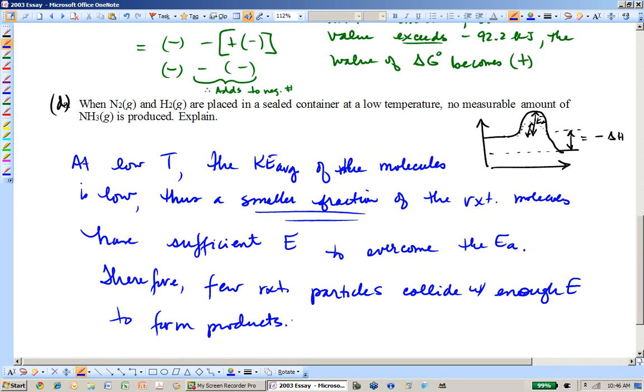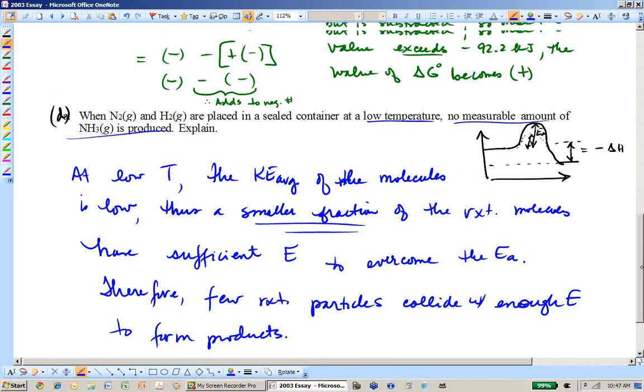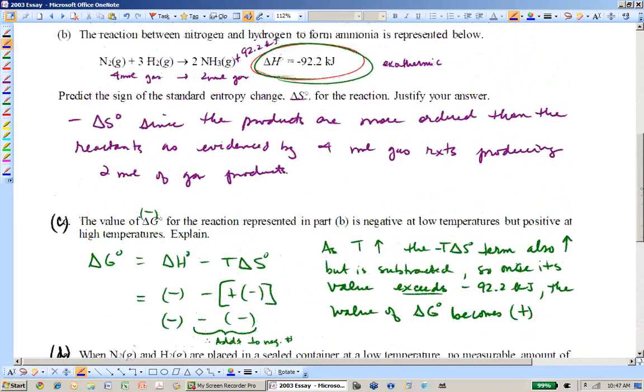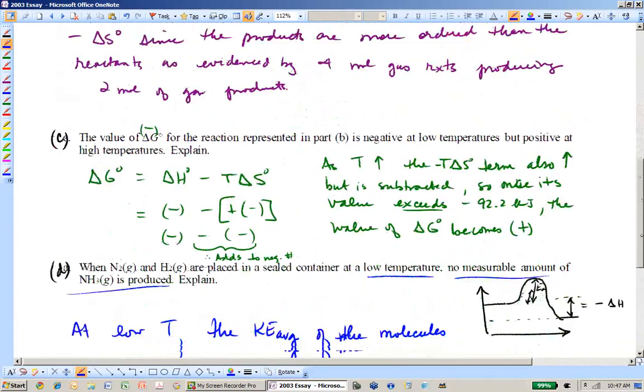If you heat them up, then they're going to collide with more energy, and there's going to be more molecules with sufficient activation energy to get over, and you'll see this reaction go faster. So low temperature, sluggish molecules, no measurable amount of product is produced because you don't have very many that you could see actually create the new product. And in this case, I don't think you'd see it as much as you'd smell it, because you're going to make ammonia gas. Stinky stuff.